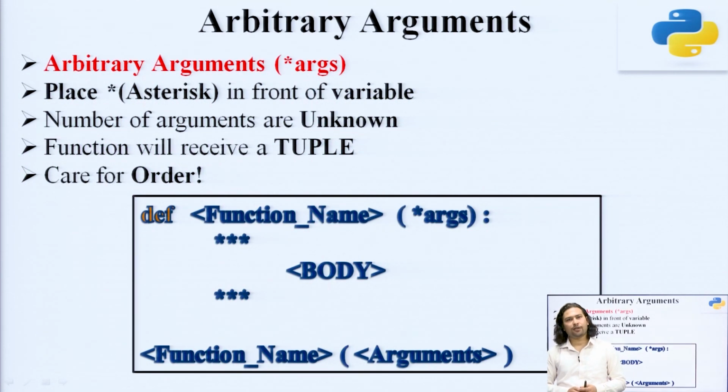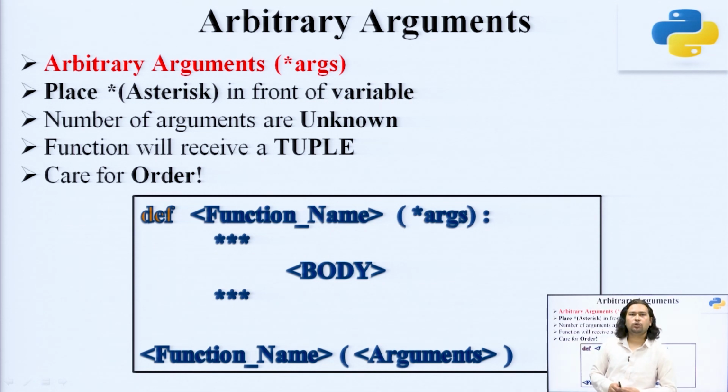So, the next arguments, because in the previous argument we have seen that the position of the arguments is very important. That means the first will catch the first fish. It is just like that. Whenever we are calling the definition of a function along with the calling statement, the number of arguments and the parameters must be the same.